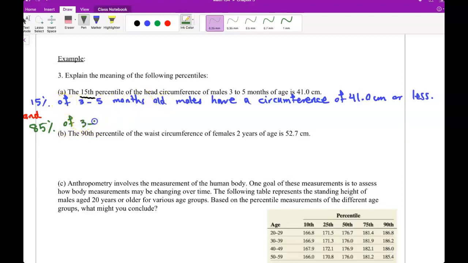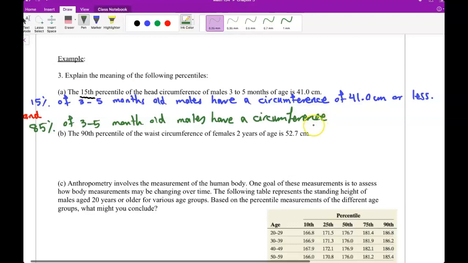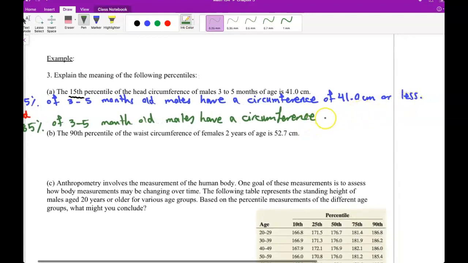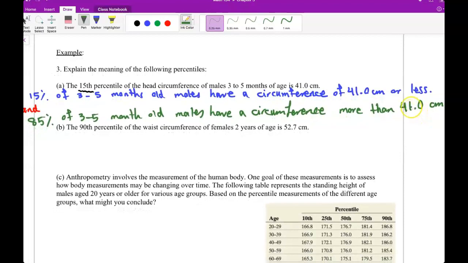Rewriting this part, now instead of having less, we have more than 41 centimeters.